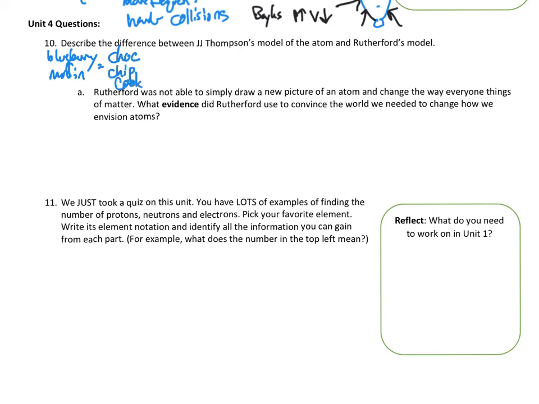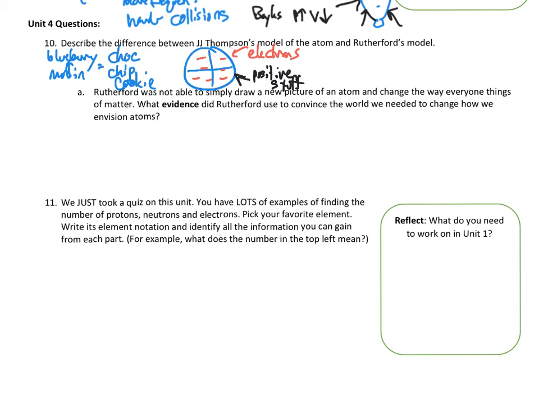So basically we have positive dough, so that is just positive stuff. It's not space, it's stuff. We just don't know what it is. And then we have these little negative electrons, because he gave us the electrons.